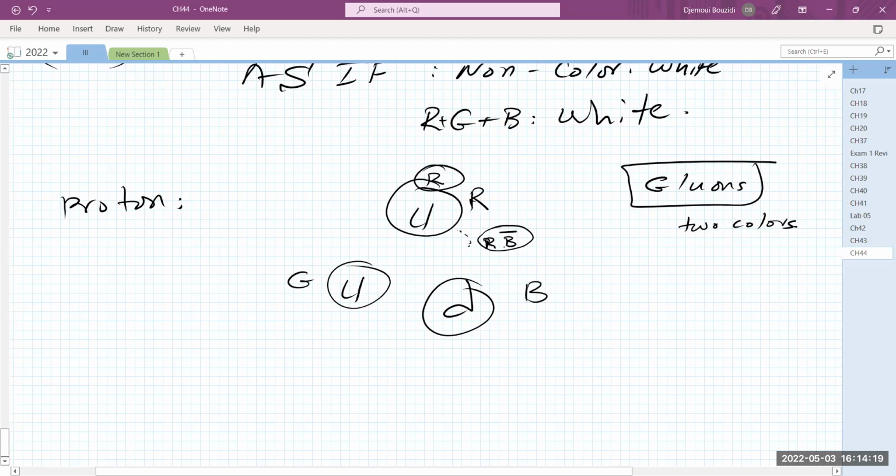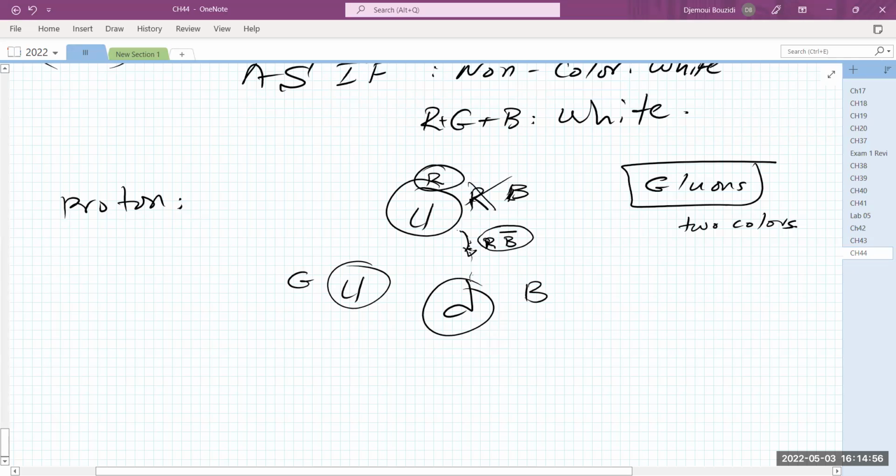So now it lost its red, so it's no longer red, and it's lost its anti-blue, so now it becomes blue. Okay, so whatever color value it had before, it lost the one that has its net value, which was red. And it lost another value, so it's going to lose the entire blue. And when it loses the entire blue, it remains blue now. So that's the only value that it lost. So now it becomes blue.